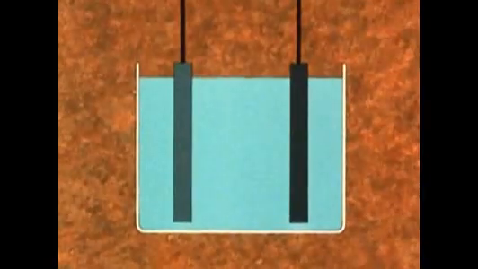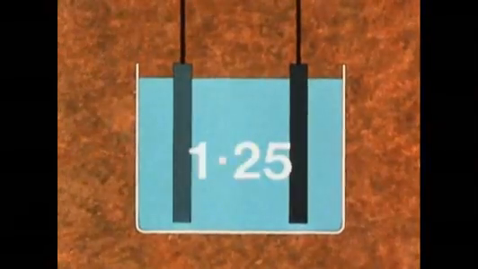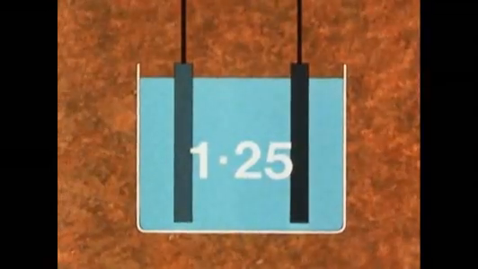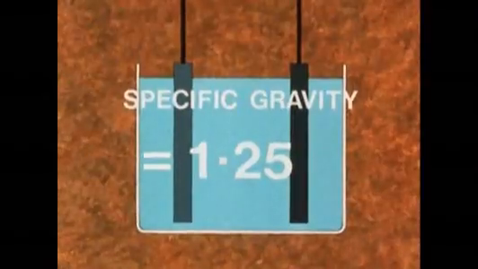Now, we need to know when a battery needs recharging. And this is checked with this instrument, a hydrometer. It works like this. When a cell is fully charged, the electrolyte is exactly 1.25 times the weight of the same amount of water. We say it has a specific gravity of 1.25.